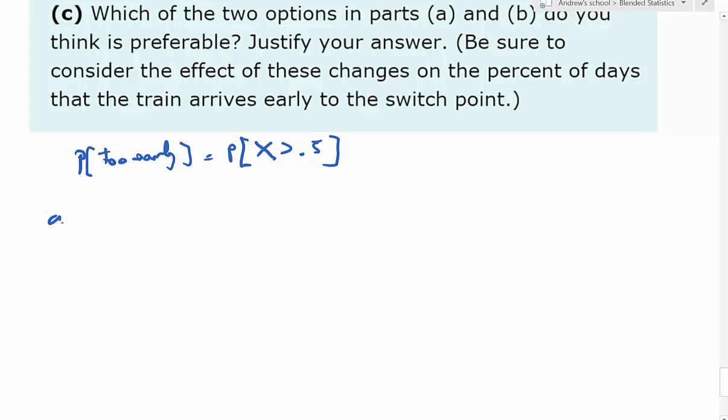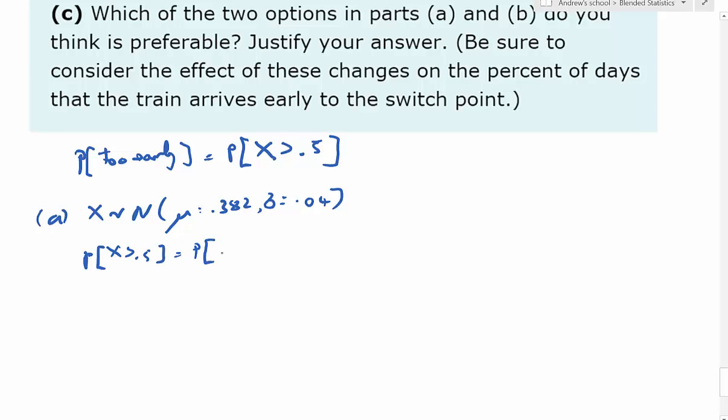So in part A we had x follows a normal with a mean of 0.382 and a standard deviation of 0.04. If we do this by standardizing, we get the probability of being bigger than 0.5 is the probability that z is greater than (0.5 minus 0.382) over 0.04, which gives us the probability that Z is greater than 2.95.